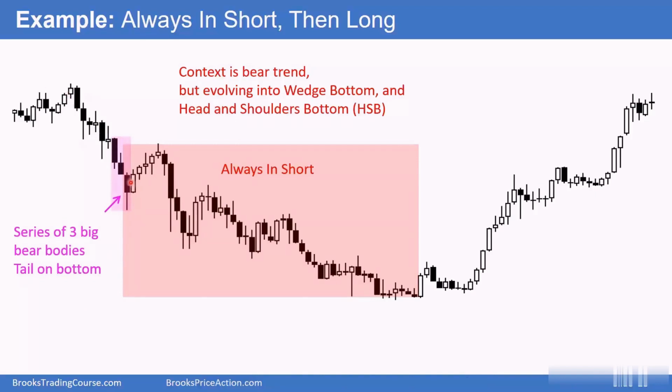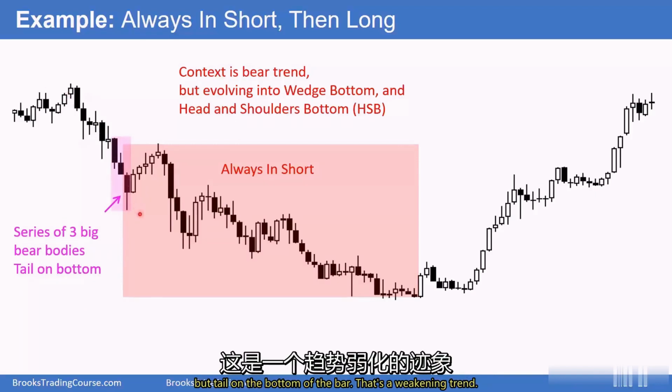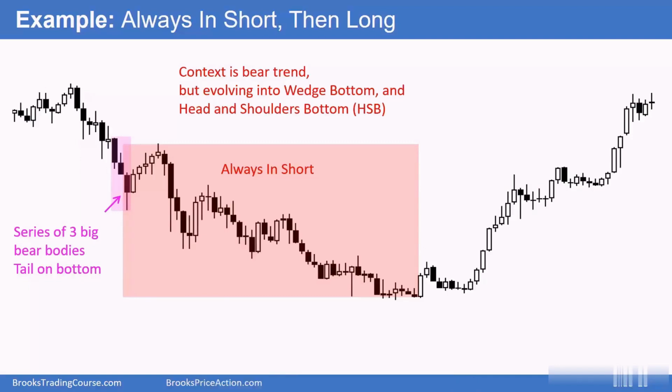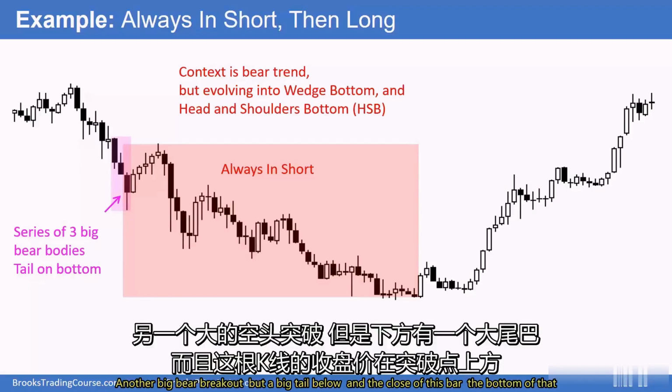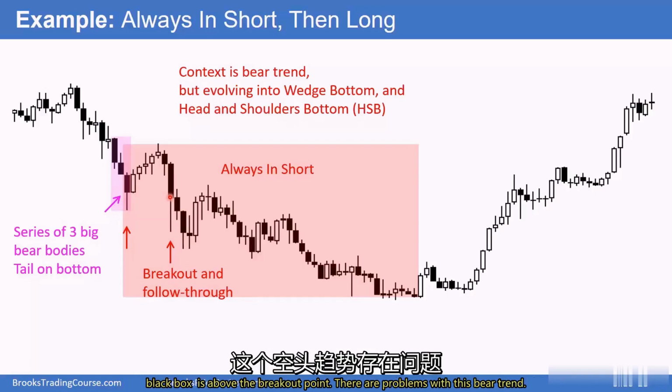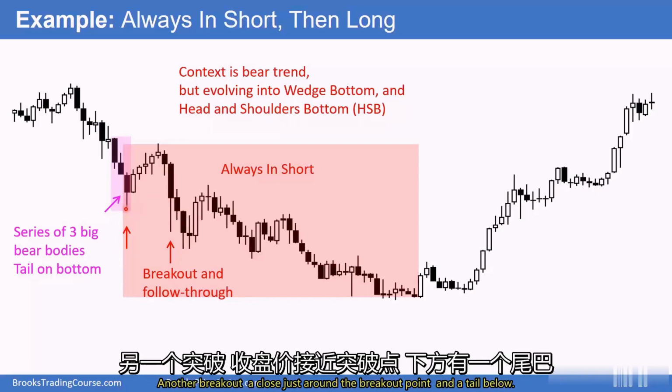3 big bear bars, a bear channel with about 8 or 10 bars, but a tail on the bottom of the bar. That's a weakening trend. Another big bear breakout, but a big tail below, and the close of this bar, the bottom of that black box, is above the breakout point. There are problems with this bear trend.